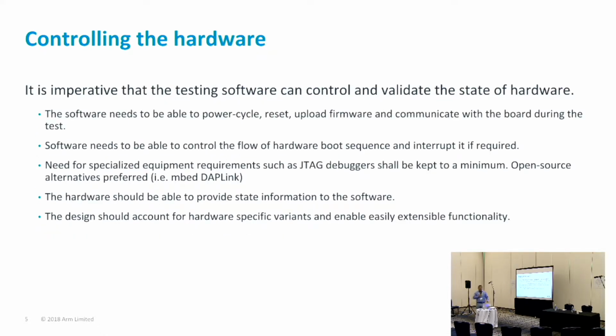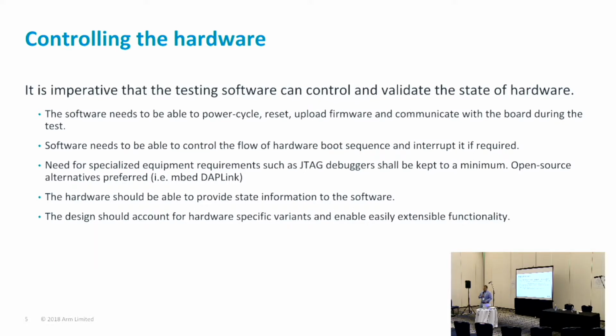So controlling the hardware is one important aspect of real hardware testing. The CI software needs to be able to programmatically power cycle a board, flash the board, reset the board, and communicate with the board.